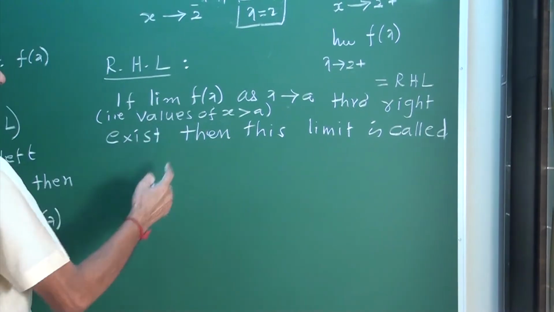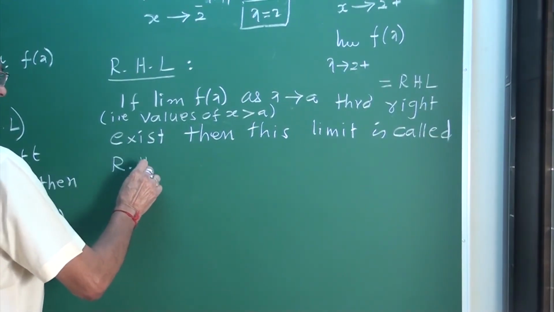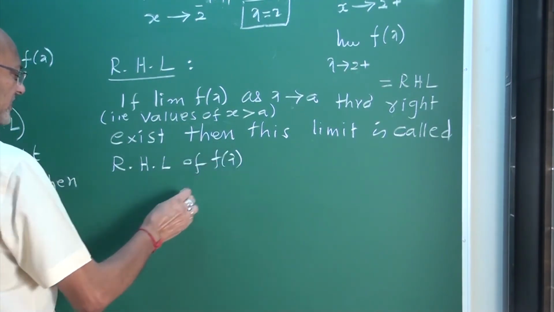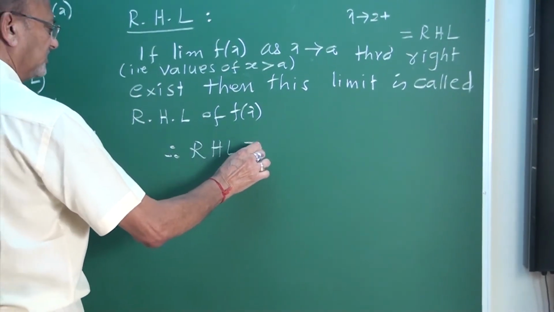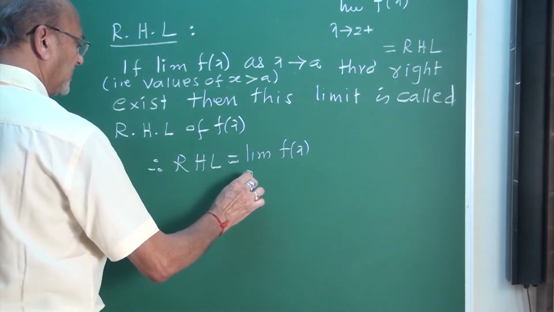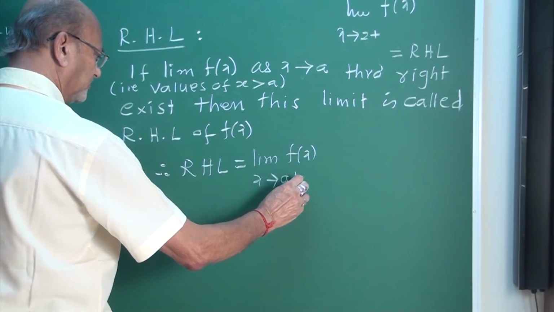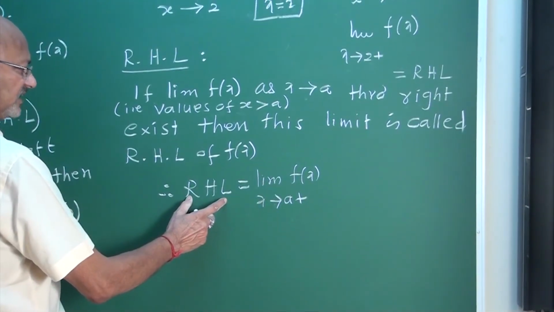Therefore, RHL is the limit of f(x) as x tends to a plus. If it exists, it is RHL.